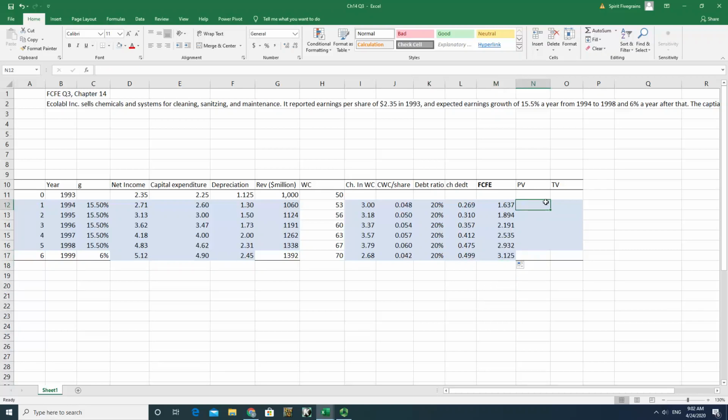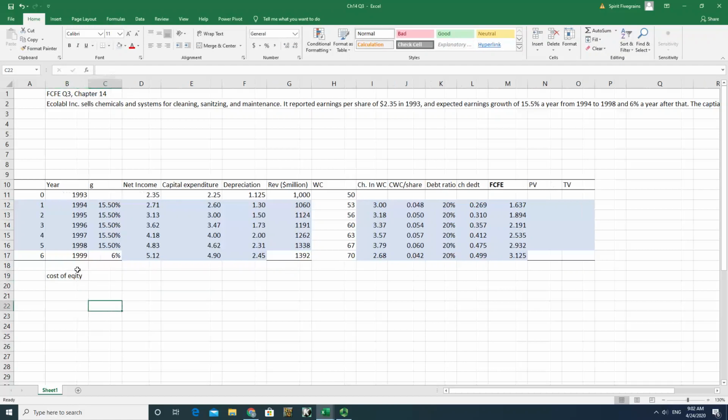And then I can do the calculation on present value. To do present value, I need to find the cost of equity. Previously, I taught you that you need a small table to develop the cost of equity based on the risk-free rate, beta, and equity risk premium. Since all three numbers are available in this question, you don't have to do a table. You simply do an equation.